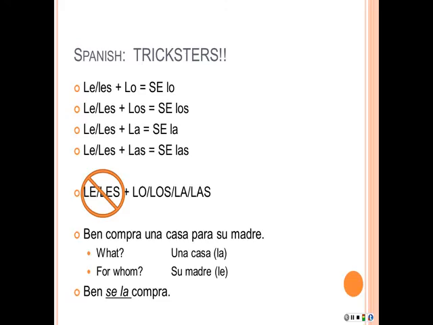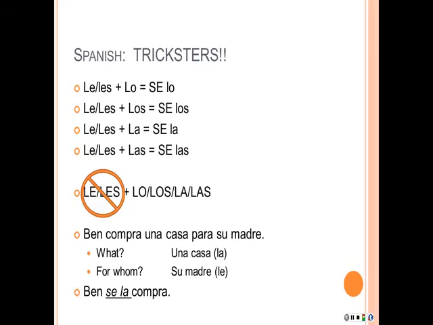If you're doing these double object pronoun examples and you find that you have two pronouns with L's in a row, le lo, les los, les la, you change the first one to se. Se lo, se los, se la, and se las.